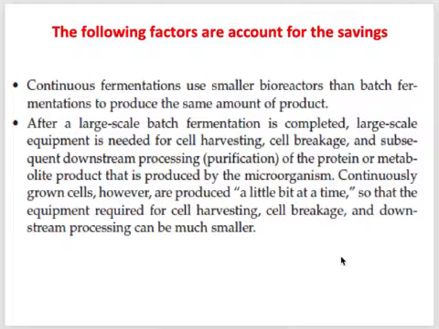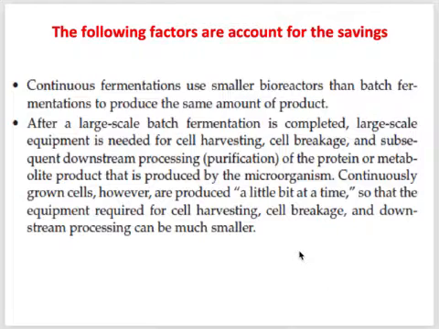However, the continuously grown cells are produced a little bit at a time, so the equipment required for cell harvesting, cell breakage, and downstream processing can be much smaller in case of continuous fermenter, right? In batch fermentation, everything has to be big. You have to deal with lots of media and harvested products.